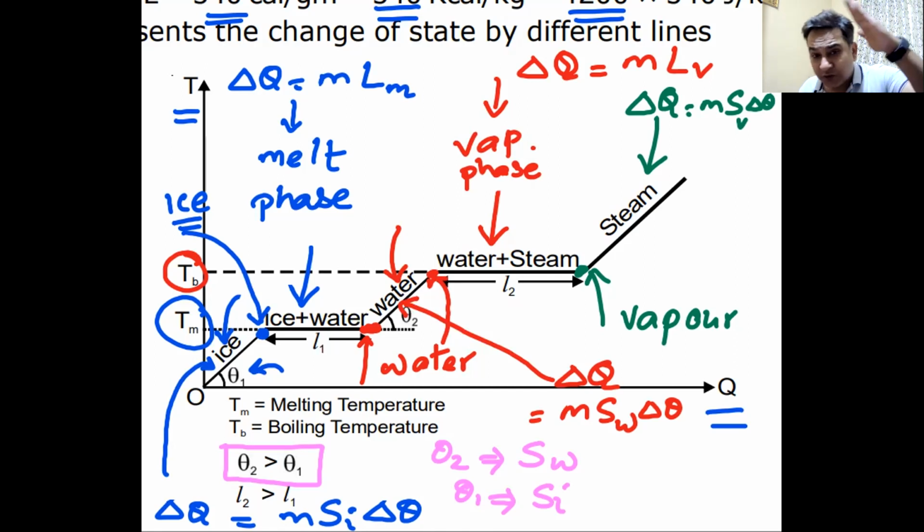You can say more specific heat, the line will be flatter. Less specific heat, the line would be more erect. Now, which specific heat is more? Specific heat of water or specific heat of ice?